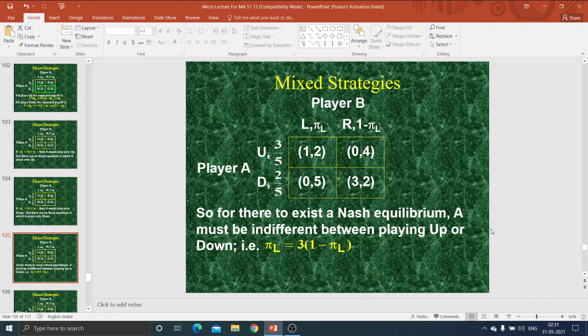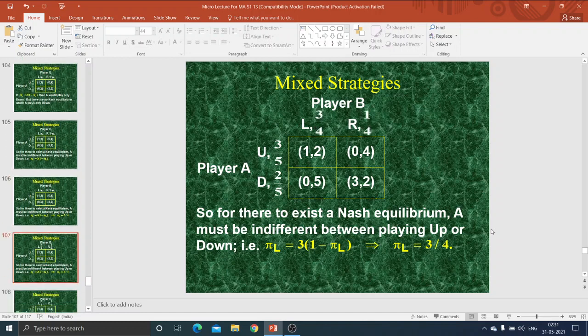So for a Nash equilibrium to exist, A must be indifferent between playing up or down, that is pi L equals 3 times (1 minus pi L). That gives pi L equal to 3 by 4.